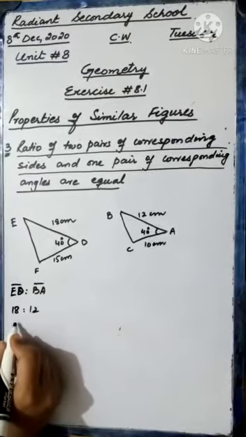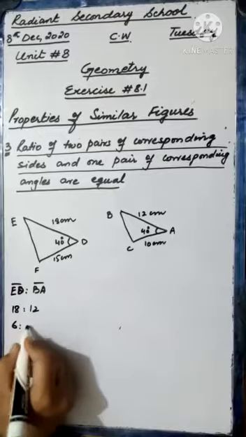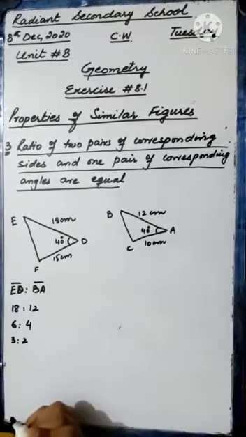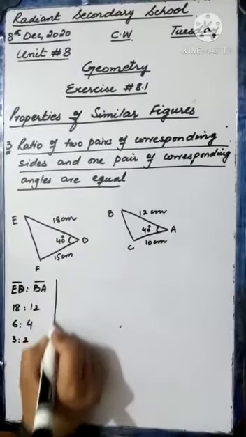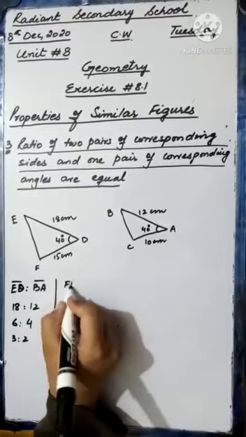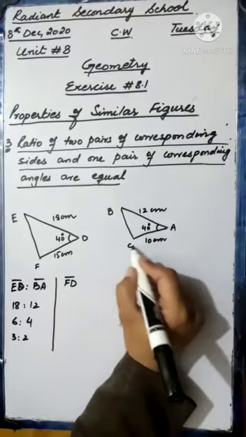It will be 3 into 6 is 18 and 3 into 4 is 12. 2 into 3 is 6. 2 into 2 is 4. So 3 ratio 2, or you can say 3 by 2. Next, the second pair FD, and the corresponding side is CA.